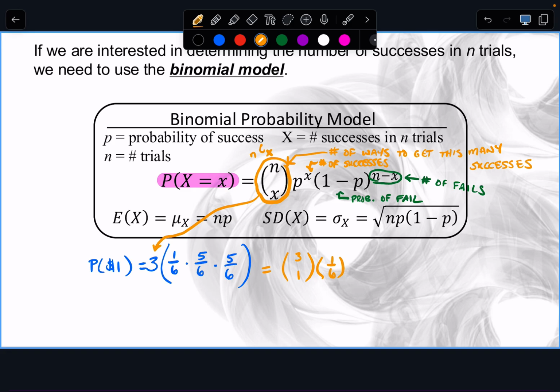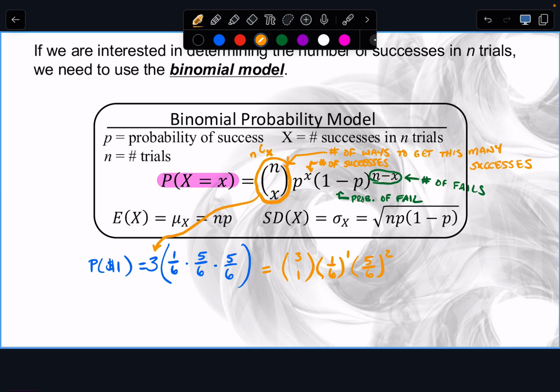I wanted 1 single success, so I would take that 1/6 raised to the first power. My probability of fail would be 5 out of 6, and I needed to fail twice. And so what you notice is the process we used and the process we're talking about today are exactly the same. 1 fail, 2 successes, 1 success, 2 fails, and then 3 different ways that can happen.